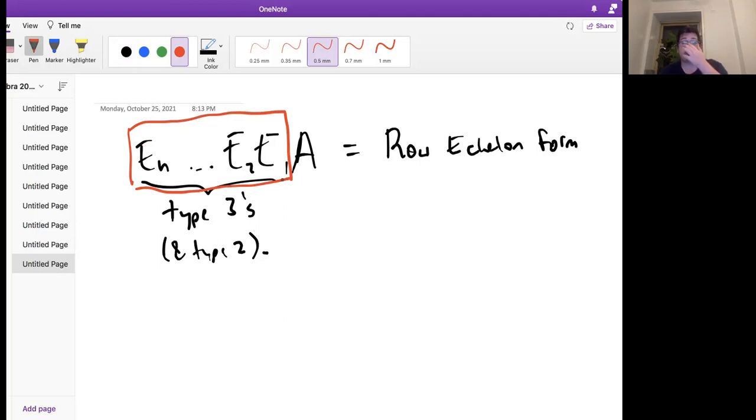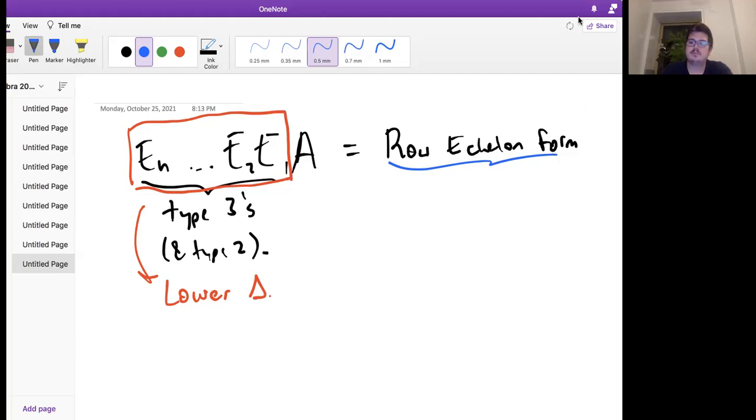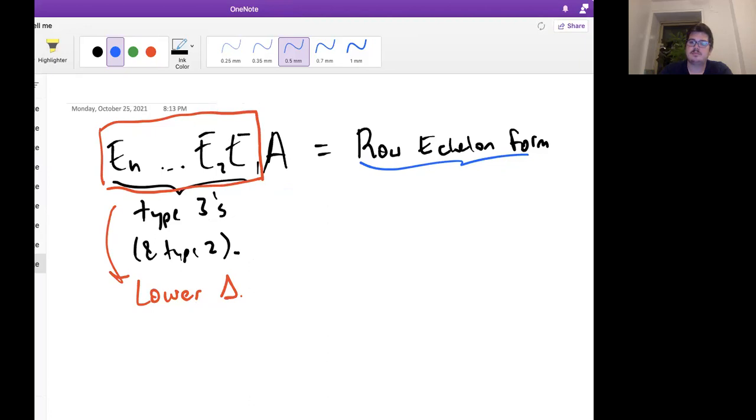So we just established that all elementary matrices that are used to put a matrix into row echelon form are lower triangular. So this must be lower triangular. Now, what type of matrix is row echelon form? It's upper.